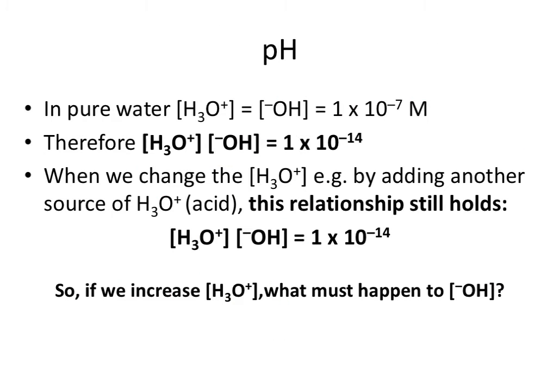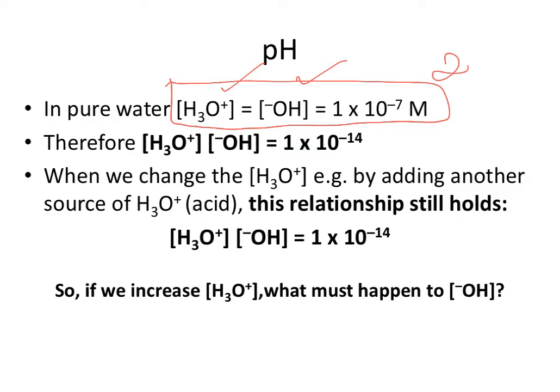All right, so we said this earlier, that in any neutral water, and pure water is obviously neutral, the hydronium ion concentration will equal the hydroxide ion concentration. At 25 degrees Celsius, which is room temperature and what we'll be dealing with most of the time, each of these ion concentrations is 1 times 10 to the minus 7.